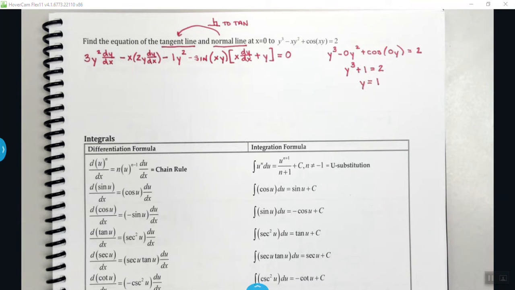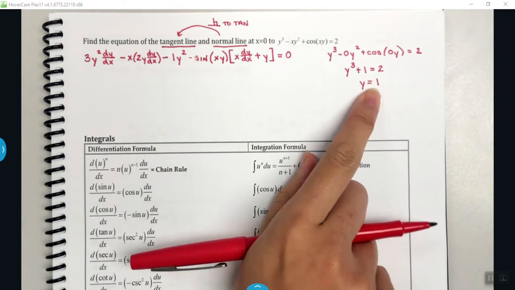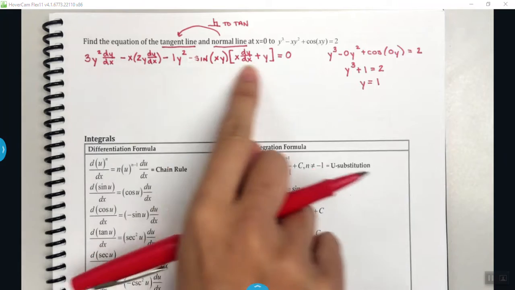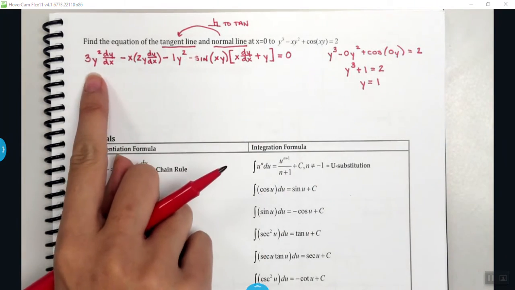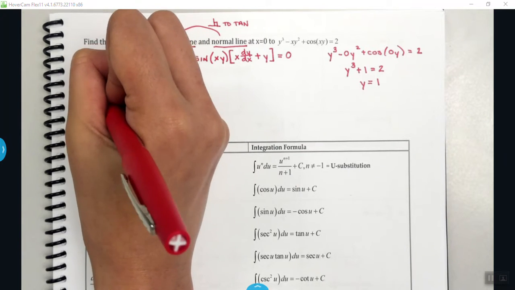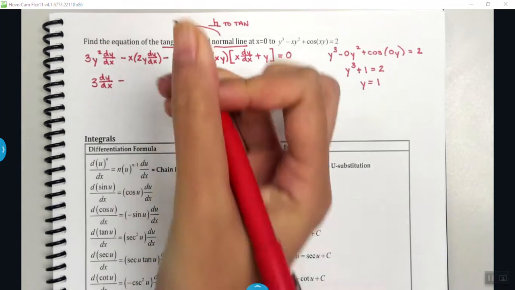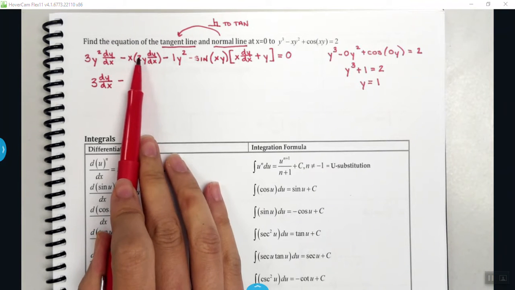All right, cool. So now at this point, we don't solve for dy dx. We plug 0 in and 1 in for x and y in here. And then it should be a lot easier. So if I plug 1 in, it's 3 dy dx. If I plug 0 into this one, it's just 0.